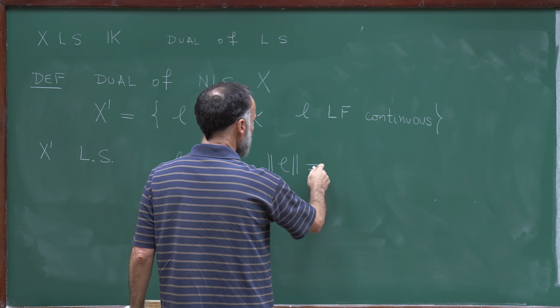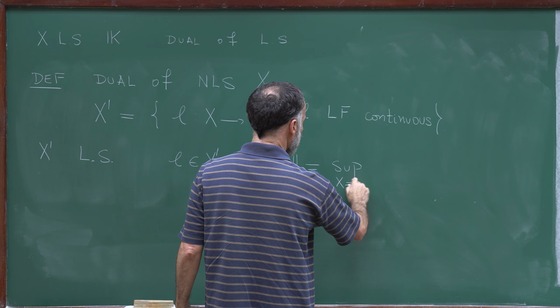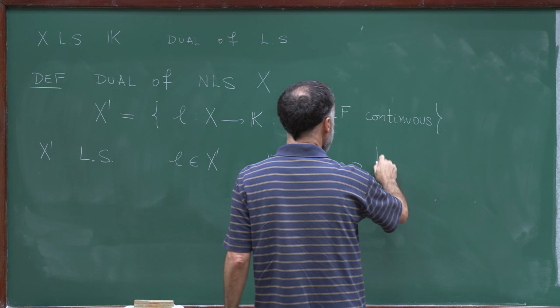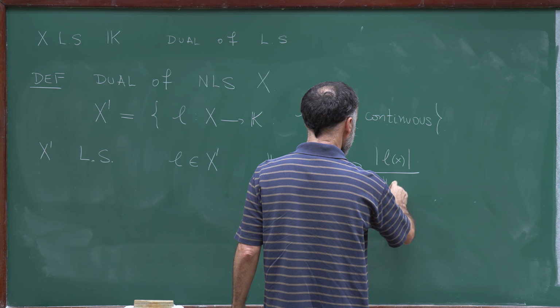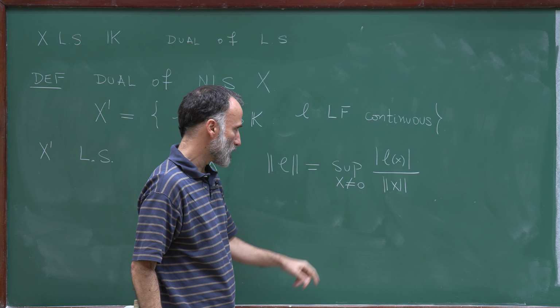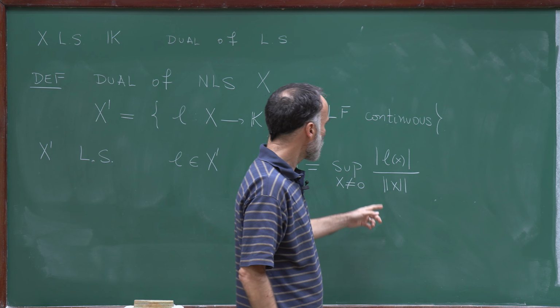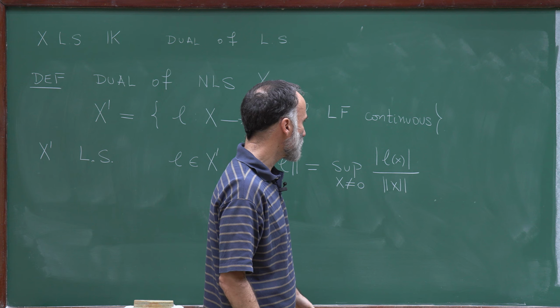Well, that will be given by the supremum over all x different from 0 of the absolute value of L of x divided by the norm of x. I can divide by the norm of x because I'm assuming x different from 0. But you see, I can put the norm inside this absolute value.